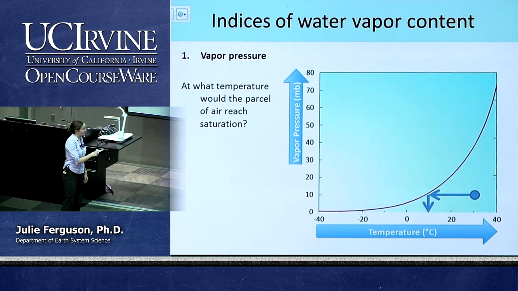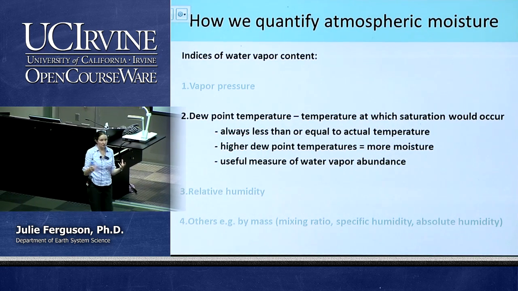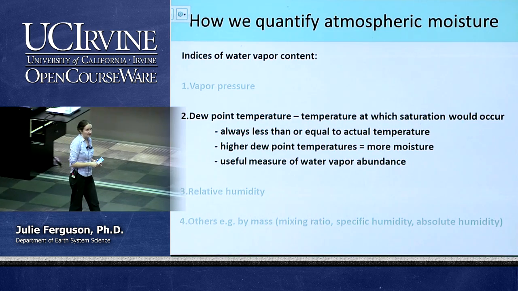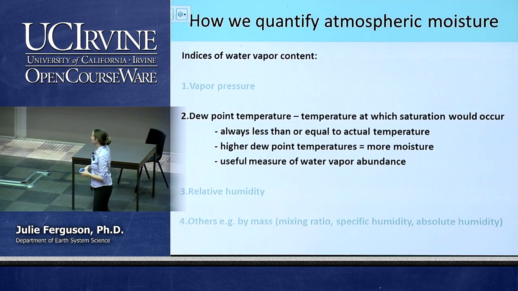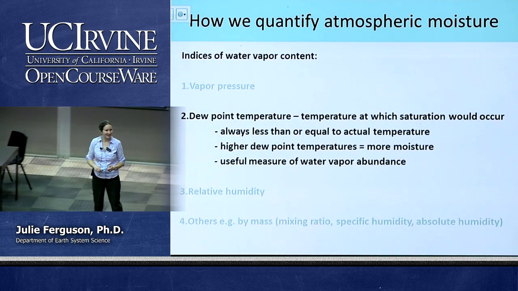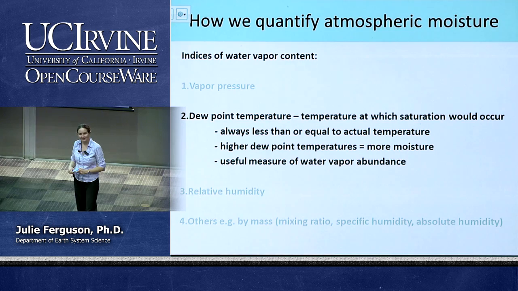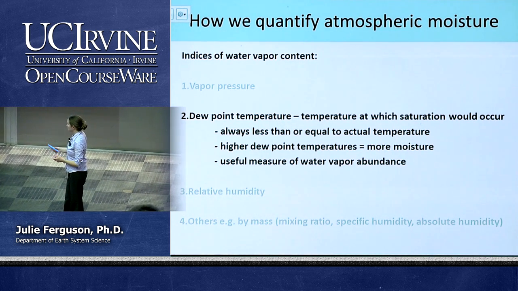So that dew point temperature is the air temperature at which a parcel of air will be saturated. And it's always less than or equal to the actual temperature. So that's a good independent check if I ever ask you that question. And the higher the dew point temperature, the more moisture.